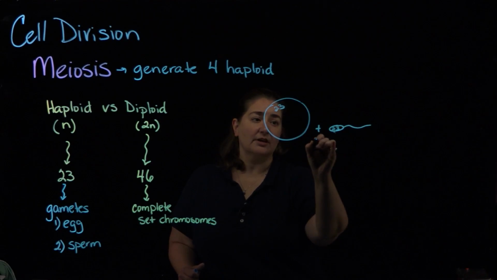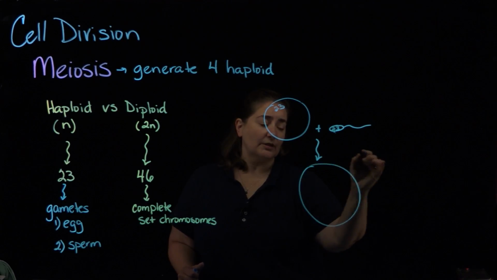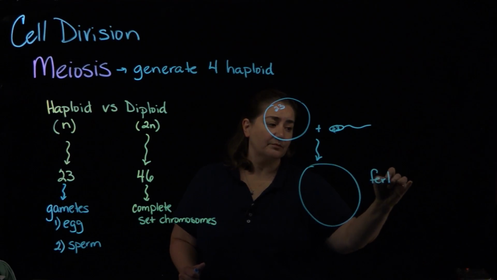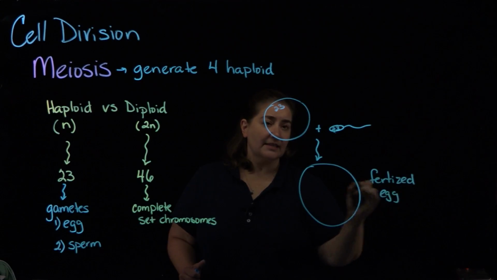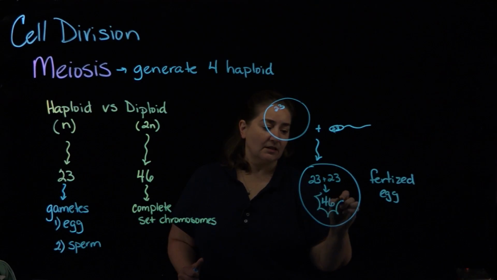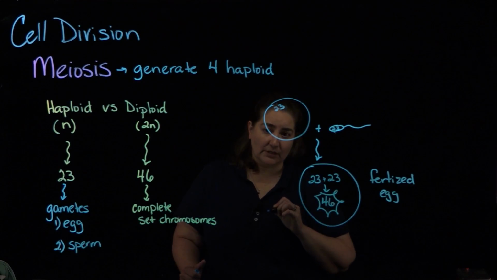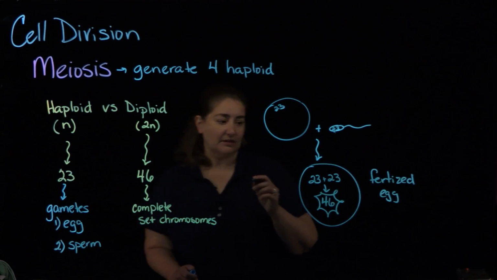That gives us a fertilized egg. We've got 23 from mom, 23 from dad. That gives us our complete component of 46 chromosomes in that newly fertilized embryo.